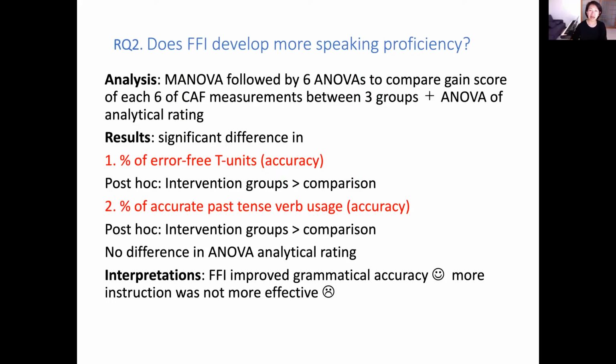You can see here that the next step of analysis said that both intervention groups improved more than the comparison group, which is great. But it didn't tell me if more intervention is more effective than less intervention.